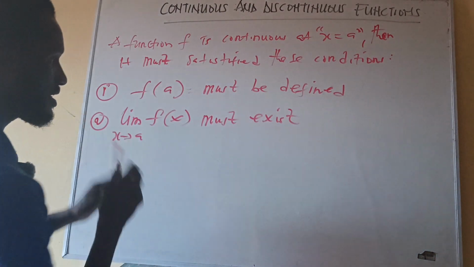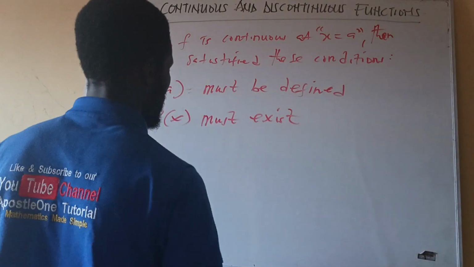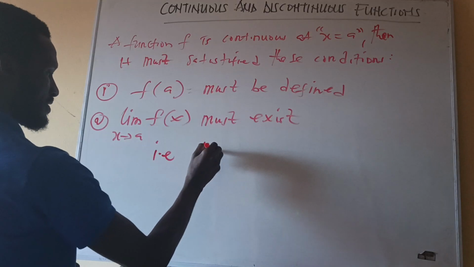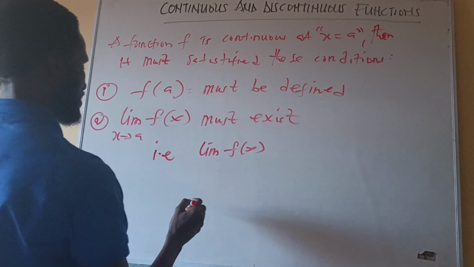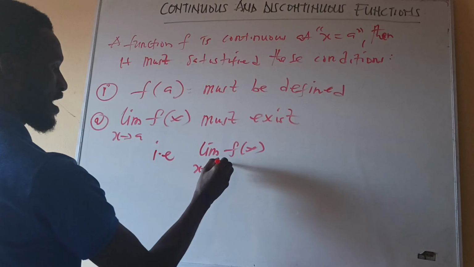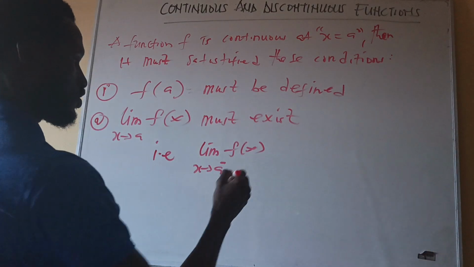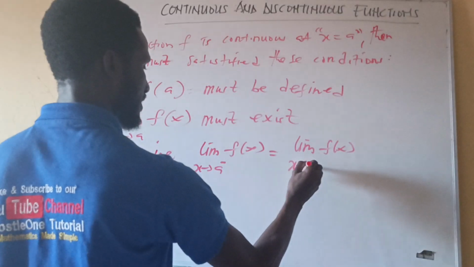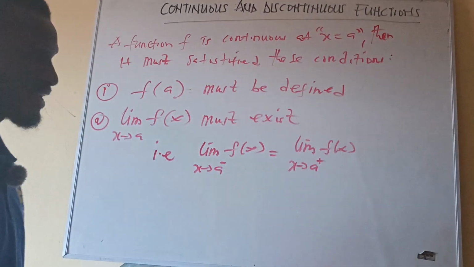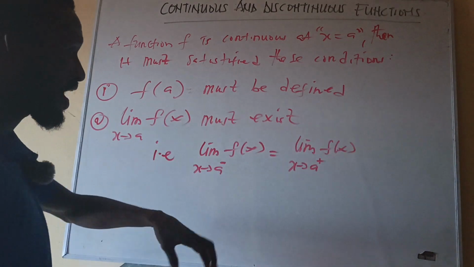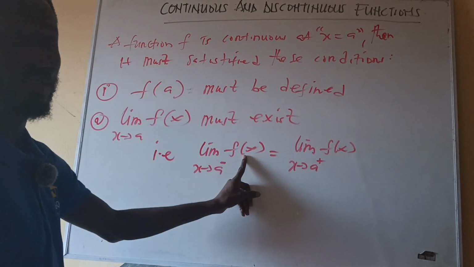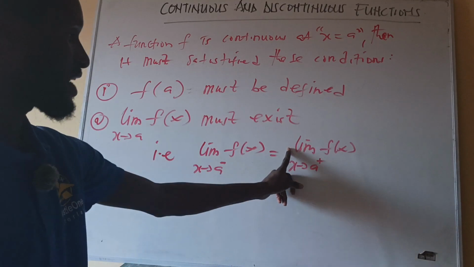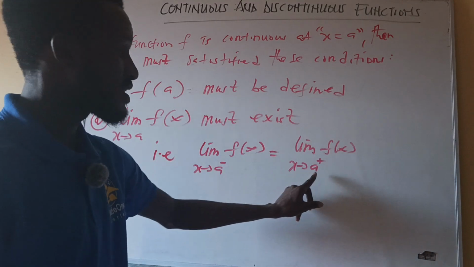Now, when we say this one exists, it means that the limit of f of x where x is approaching a from the left should be the same as the limit of f of x where x is approaching a from the right.